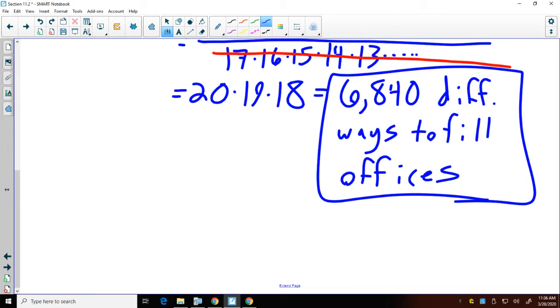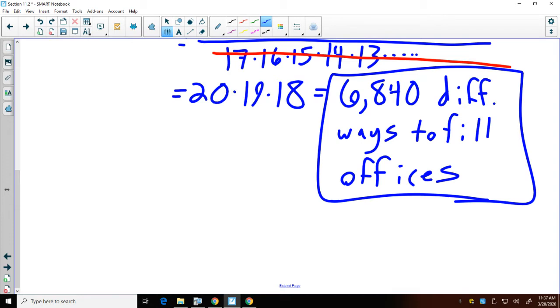Everything else, again, just let the calculator do the work. I know this was pretty easy with the canceling and only having 3 numbers left, but sometimes it's not just 3 numbers. So in general, please let the calculator help you.